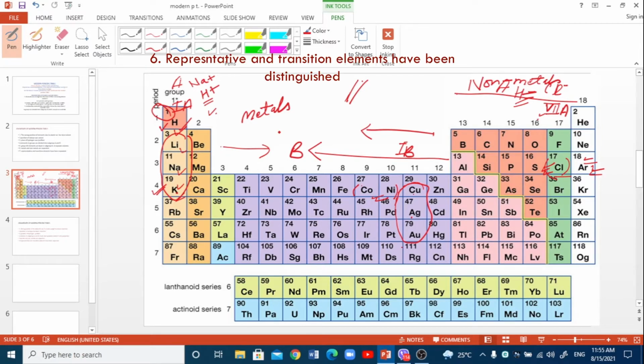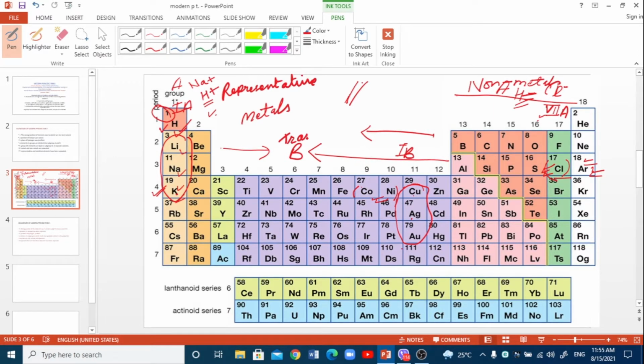Representative and transition elements have been separated in the modern periodic table. Representative elements are group A elements, whereas group B elements are transition elements. Representative elements are normal elements.